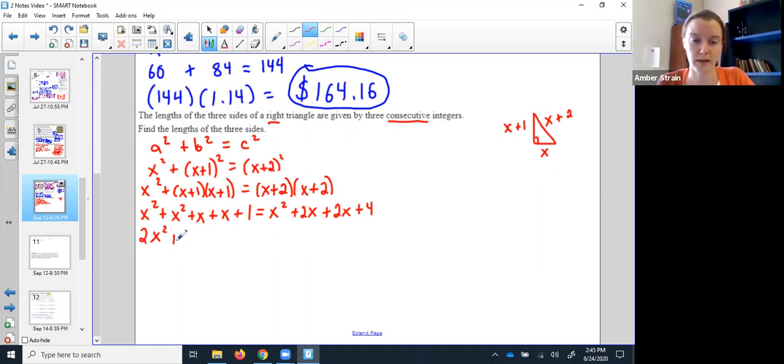Remember, the easiest way to solve a quadratic was to use that quad program by getting it equal to 0. So to get it to be equal to 0, I would want to move everything to one side. I could go either direction, but I like to go to the left. So I cancel these out by putting them over here.